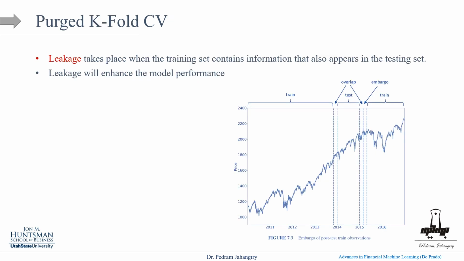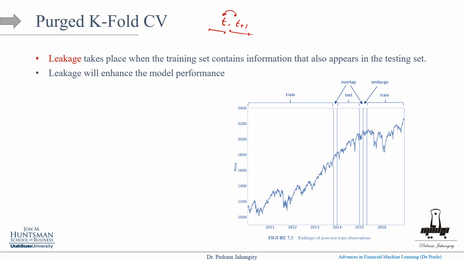Okay, so let's look into the first one, Purged K-fold cross-validation. The idea of Purged K-fold cross-validation is all about data leakage, right? And as I said earlier, leakage takes place when the training set contains information that also appears in the test set, right? Because this is time series, after all, T and T plus 1 are serially correlated. And if you put them in different buckets, then these buckets have some data leakage into each other, right?